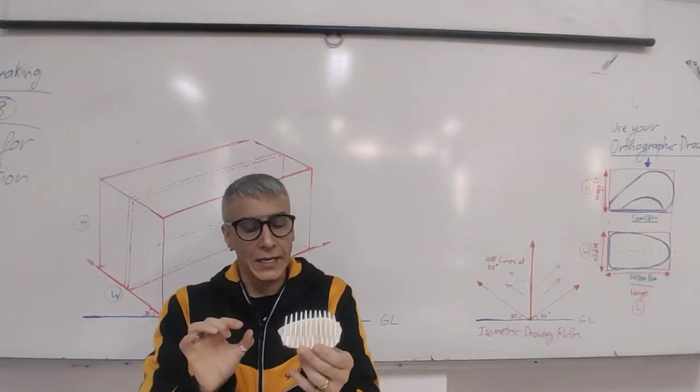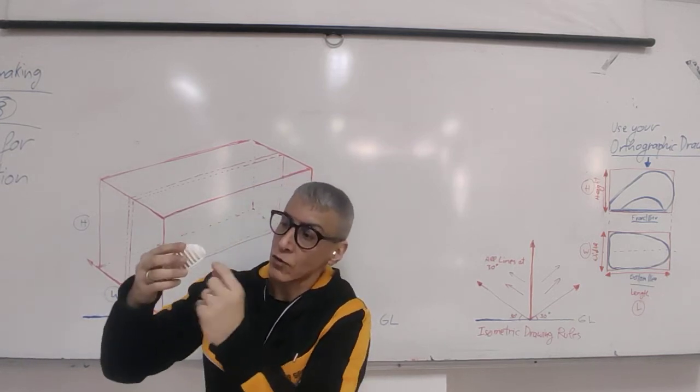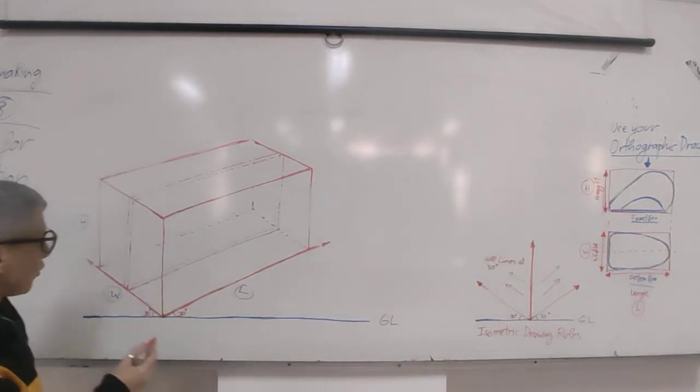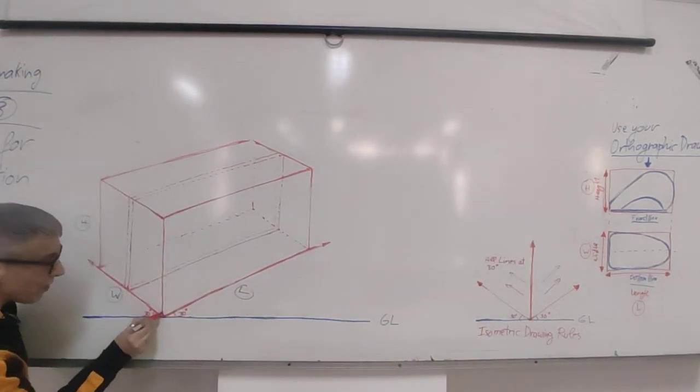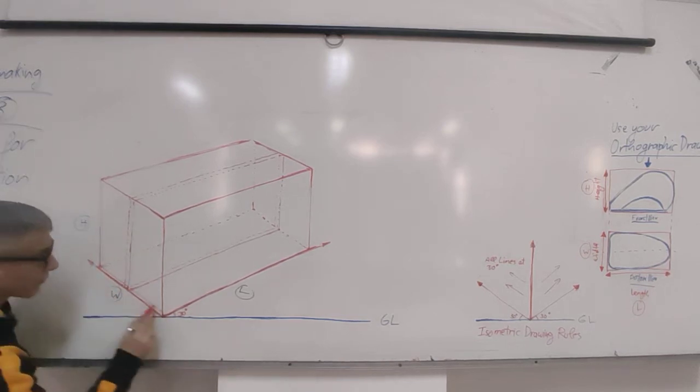So, at the bottom, this bottom piece is also 2 millimeter thick. Here I didn't do it, but you need to get up 2 millimeter. All of this must be 2 millimeter up.